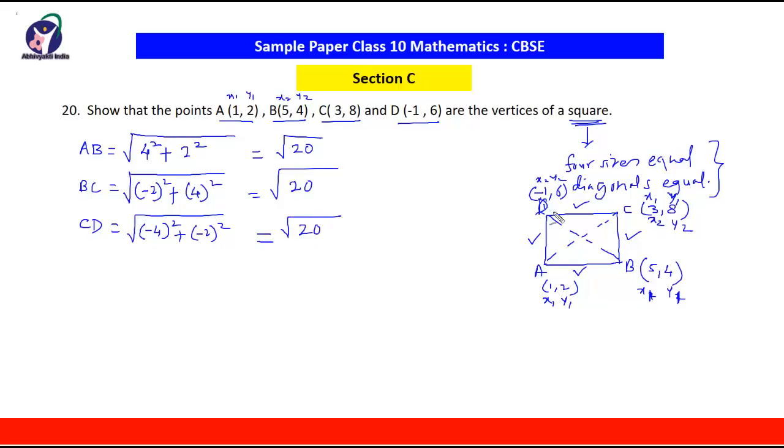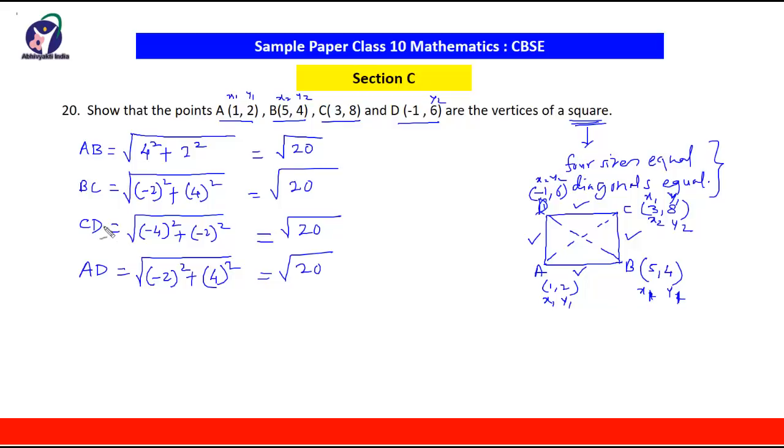Now we will find the distance AD. Here A and D, so if this is x2 and this is x1, then -1 minus 1, that will be -2, so (-2)², plus y2 minus y1, 6 minus 2, that will be 4, so 4², which is 4 plus 16, that is square root of 20.